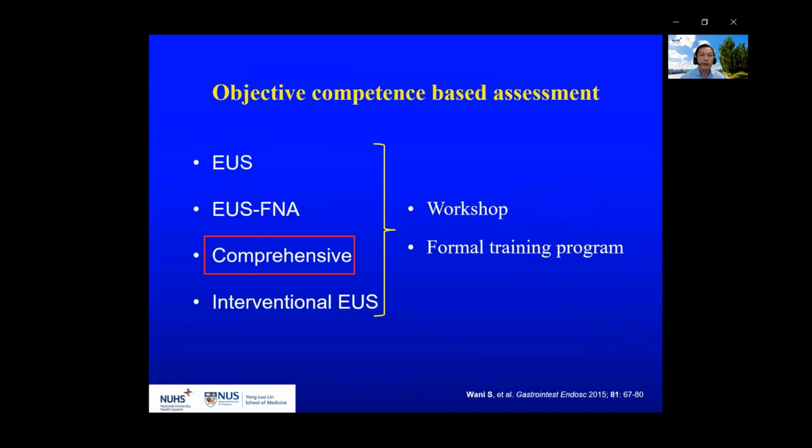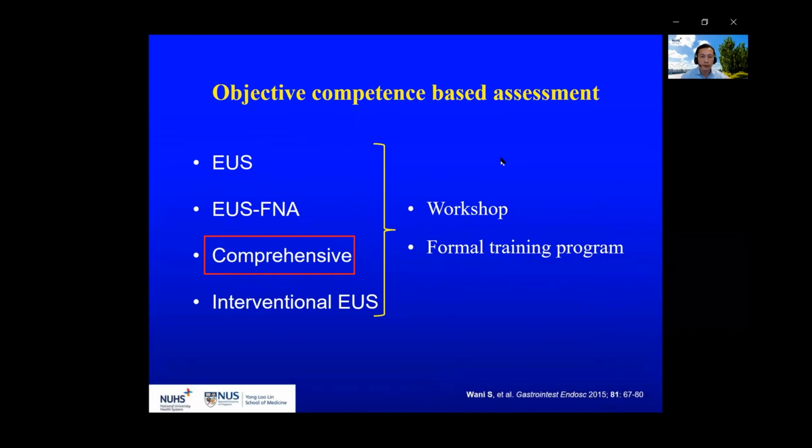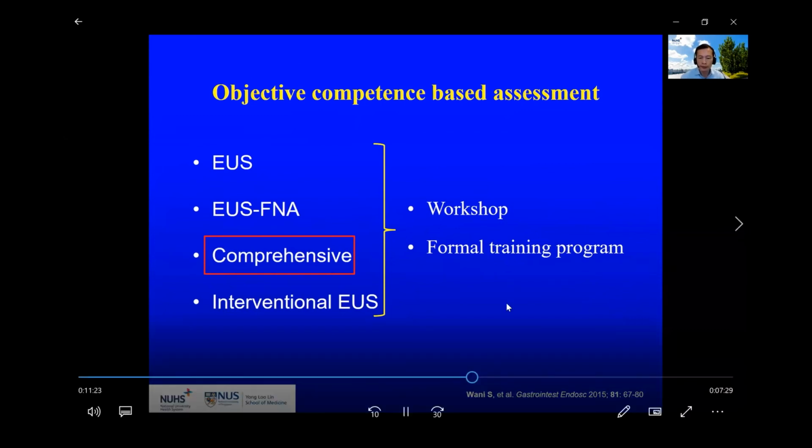So moving on, more recently, competency was objectively studied and assessed in a more comprehensive manner, because people realized that you need to expand it to include both EUS as well as FNA. So this was studied very extensively by Wani's group.